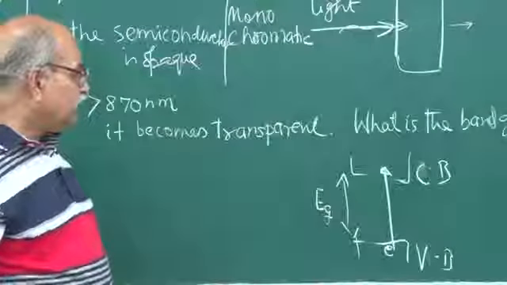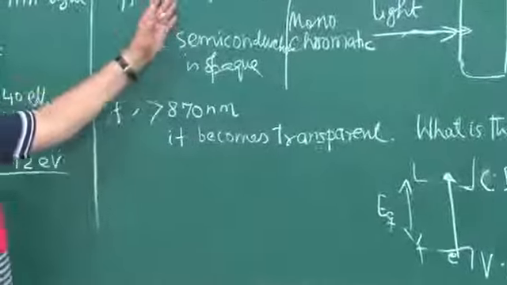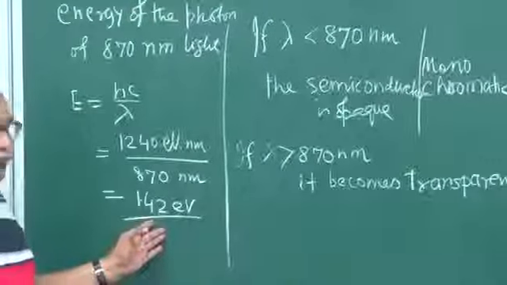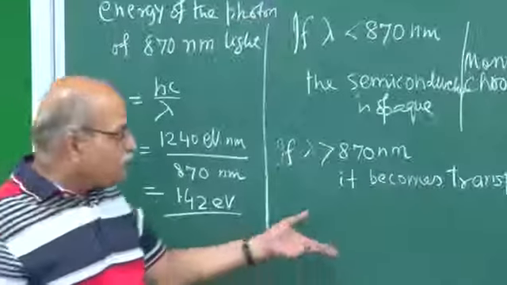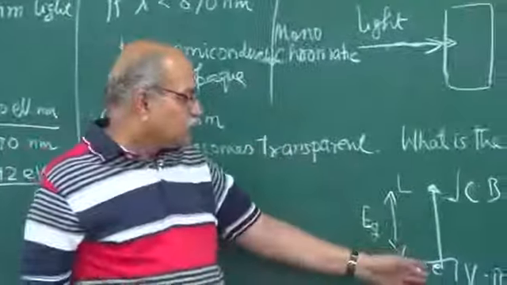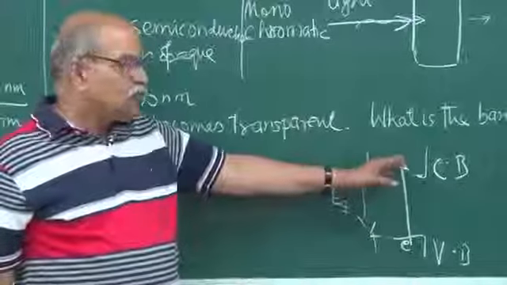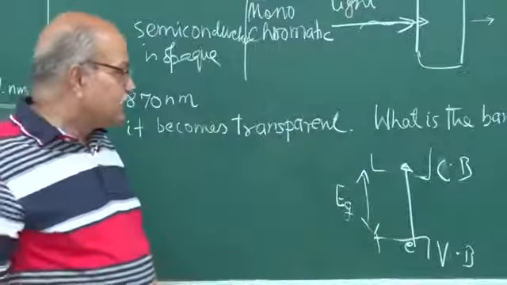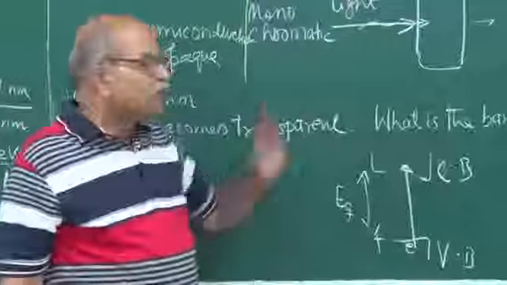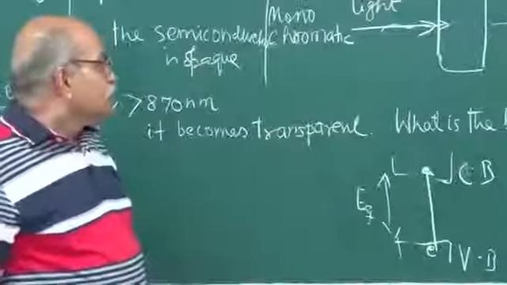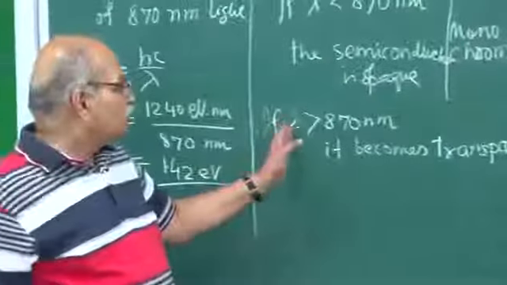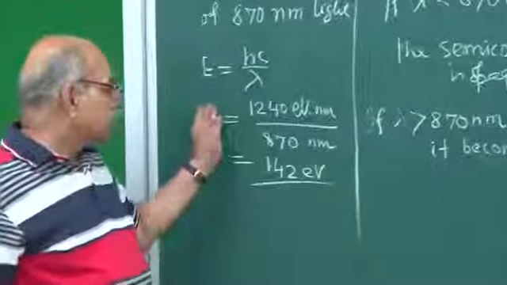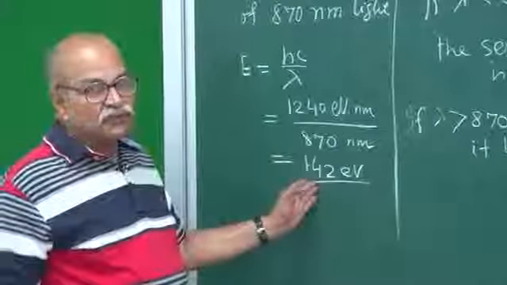Right? And if the wavelength is still smaller, the photon energy is larger than 1.42 eV, then also this photon can get absorbed and this electron can go here, and some energy will be dissipated in thermal energy. So this process is possible. But if lambda is more than 870 nanometers, the photon energy will be less than 1.42 eV.